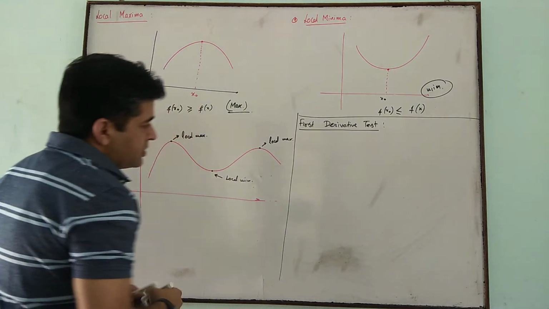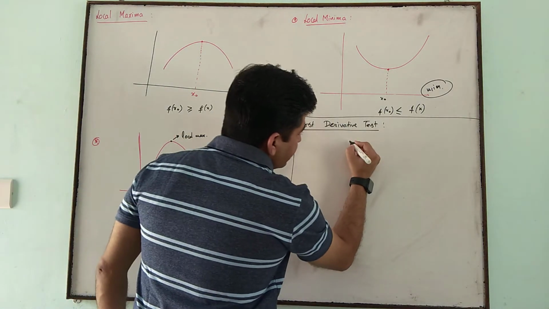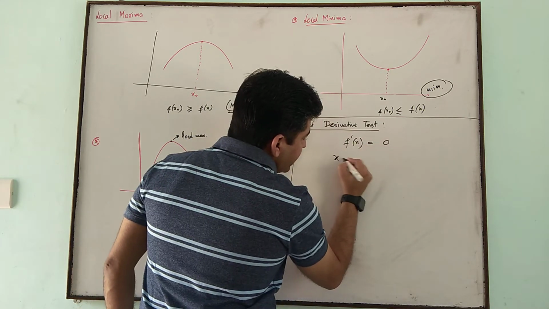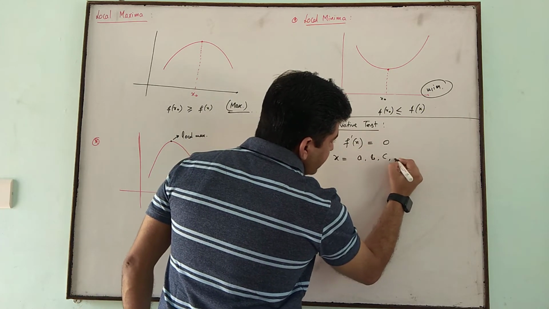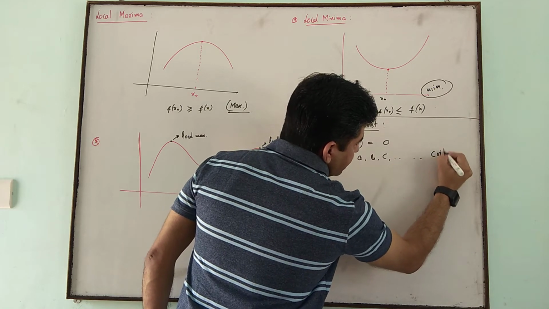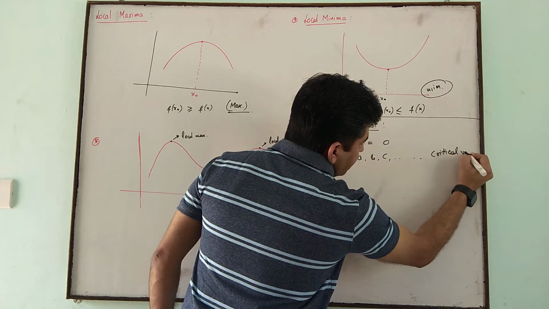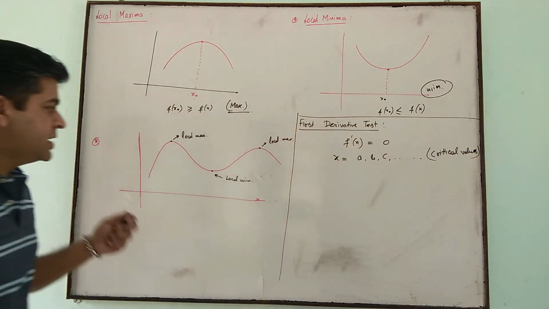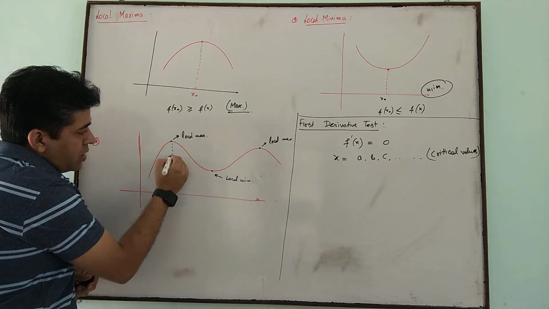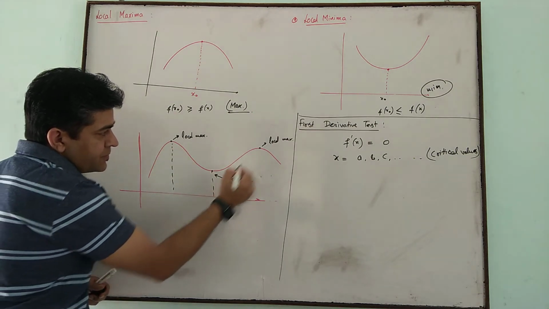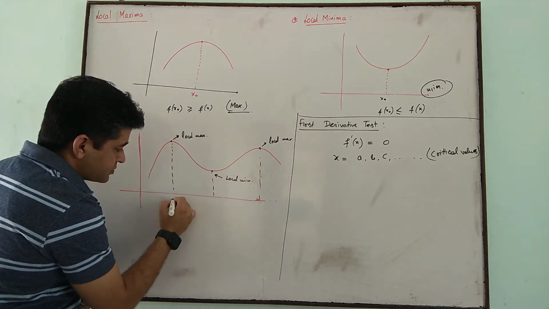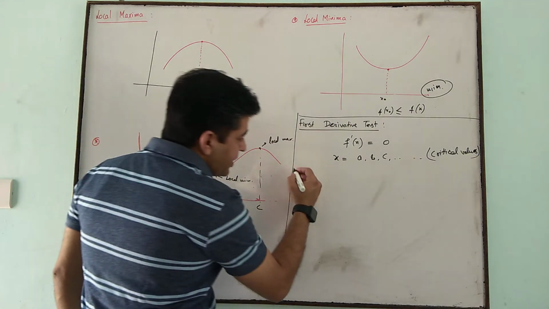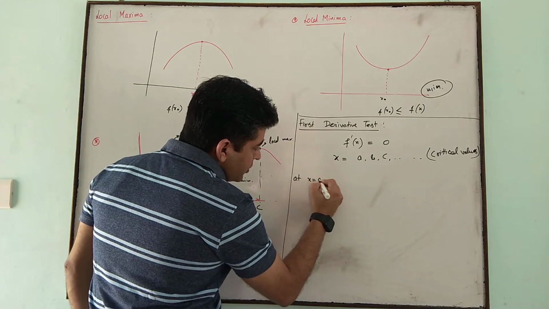What you do is, the very first thing, find the derivative and put it equal to 0, and you will get the critical values, say a, b, c. Now suppose we take the first point at x is equal to a.